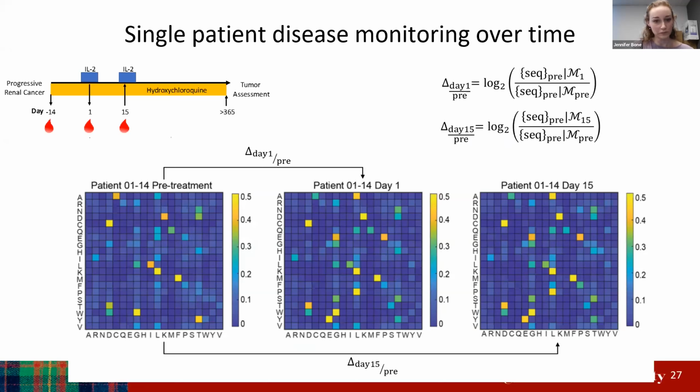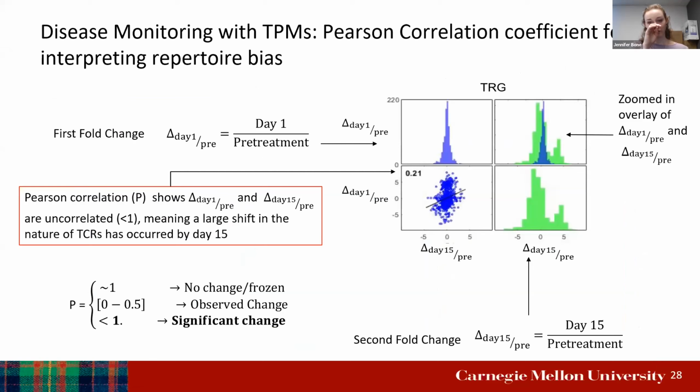What is happening here? To quantify this information, I'm going to tell you a little bit about this graph. On the right is an example of an analysis for a single patient in which we compared their day 1 to the day -14 in the upper left, and our day 15 to the day -14 in the bottom right in green. The top right corner of this graph is an overlay of these 2 distributions on top of each other, and you can see this drastic change in the content of the CDR3 sequences.